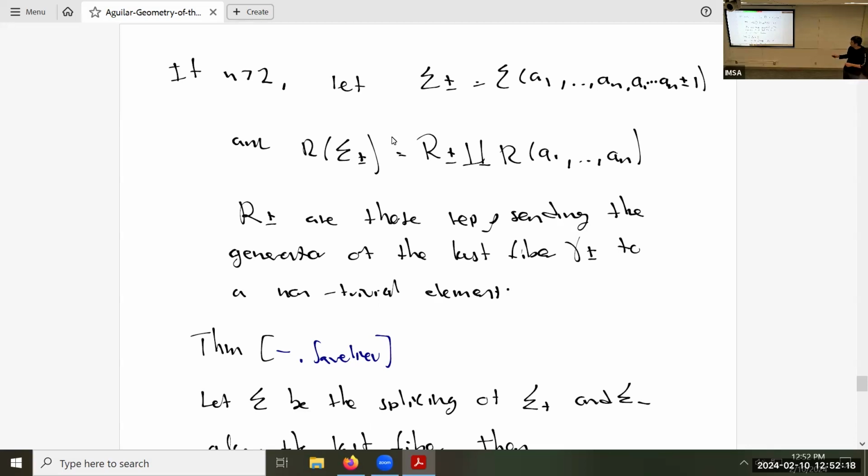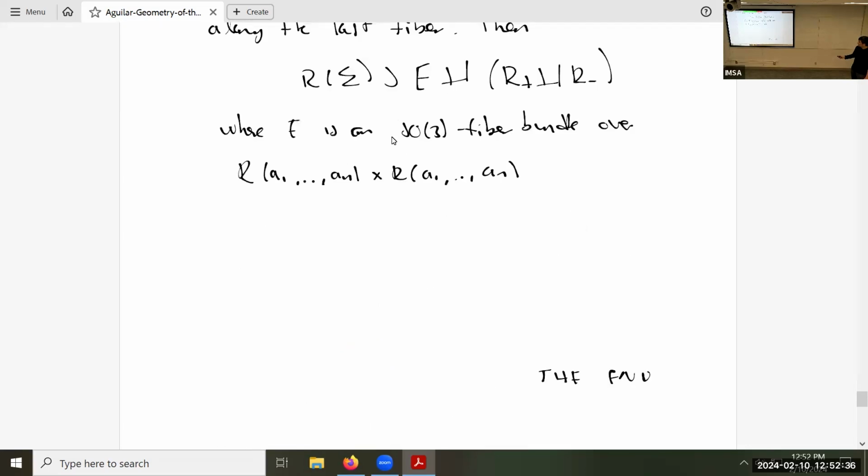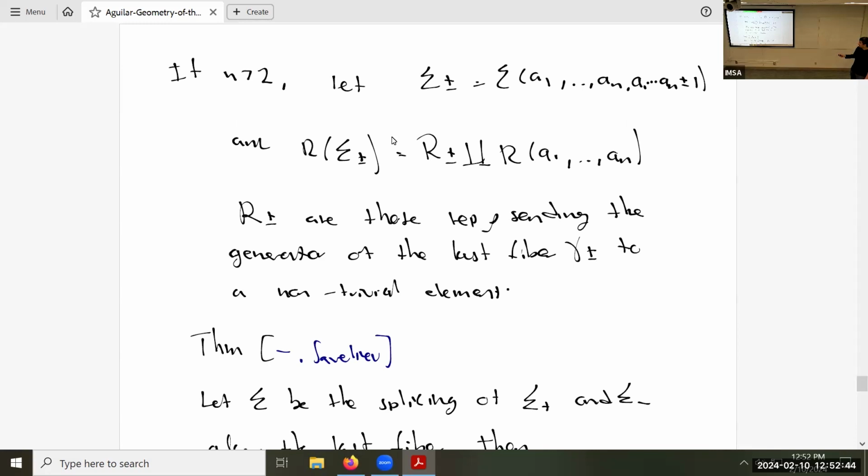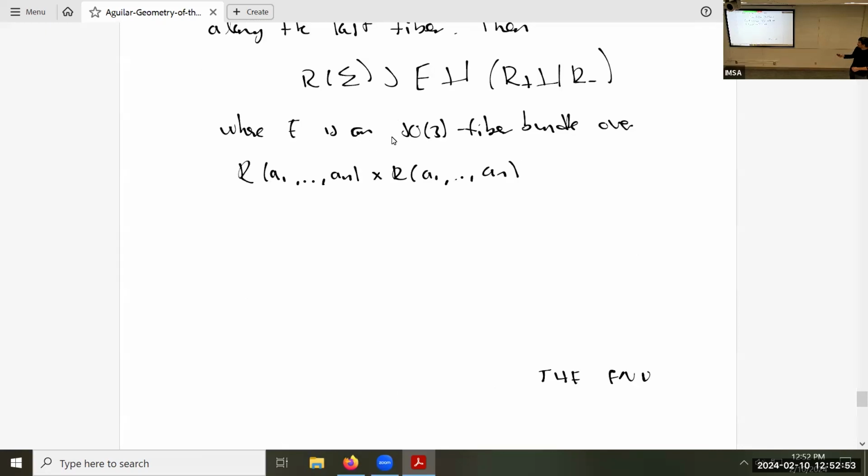So you write it like this, and some computations that we made with him show that if you consider the splice of 2 Seifert fibered spheres of this type along the last fiber, then the representation variety of these glued pieces will have these parts as the disjoint union, the one that sends the last element to the trivial representation, but they will also have some SU(3) fiber bundle over some product.